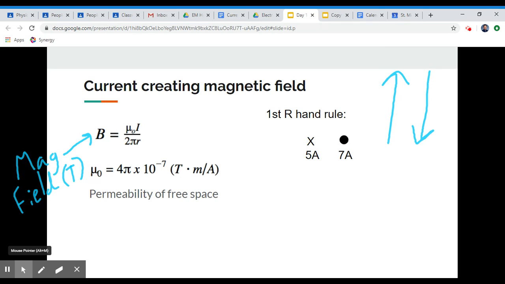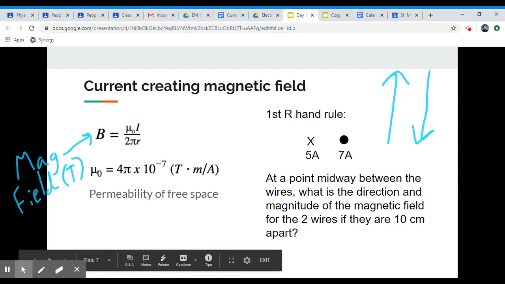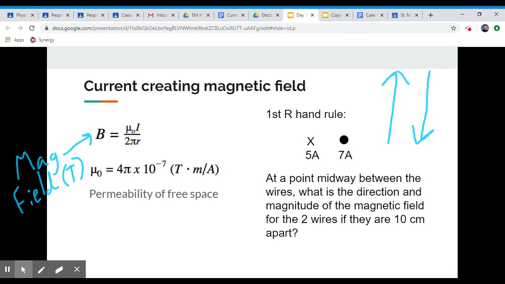You'd have one going one way and one going the other way, and they are running parallel with each other. We're always going to assume that they are running parallel. A question you might get for this says: at a point midway between the wires, what is the direction and magnitude of the magnetic field for the two wires if they are 10 centimeters apart?